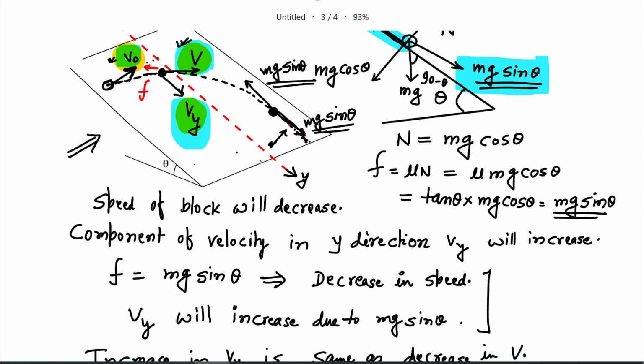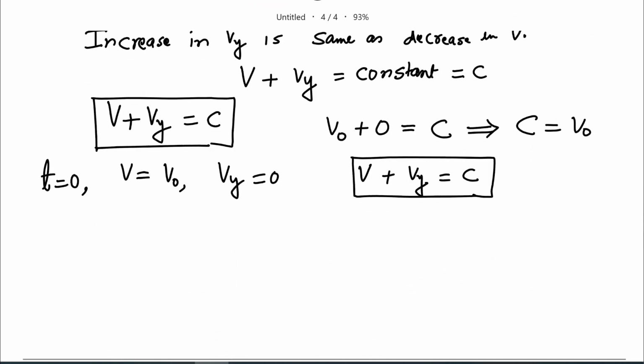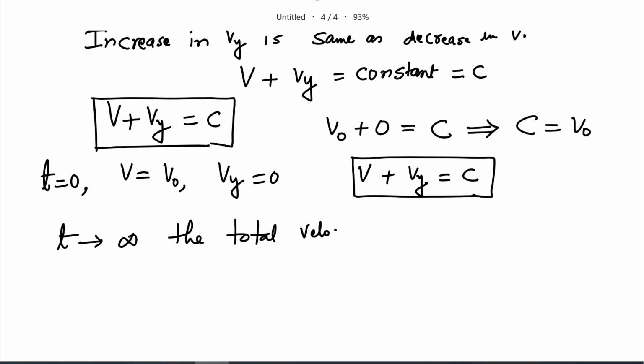So you can say the total velocity v is equal to v_y. As t tends to infinity, the total velocity is in the y direction. This means v is equal to v_y.